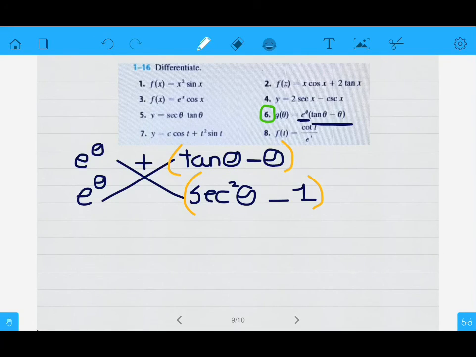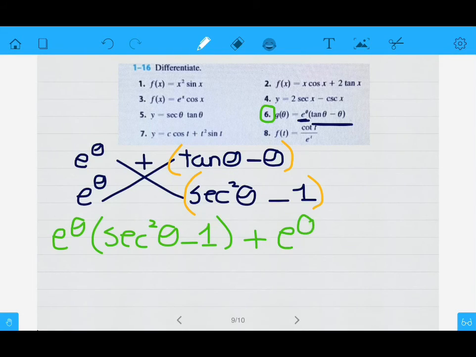Now what is the answer here? We have e to the theta, bracket, sec squared theta minus 1, plus e to the theta, bracket, tan theta minus theta.